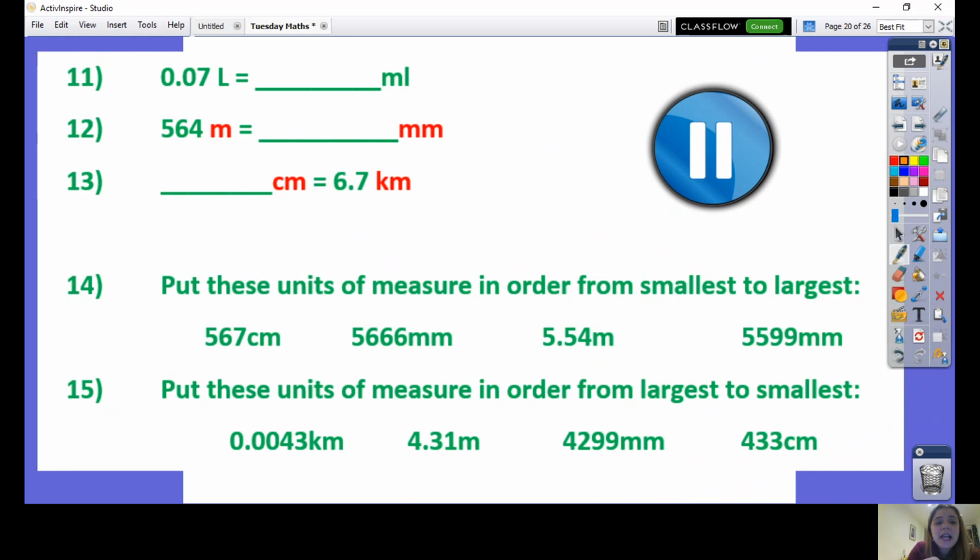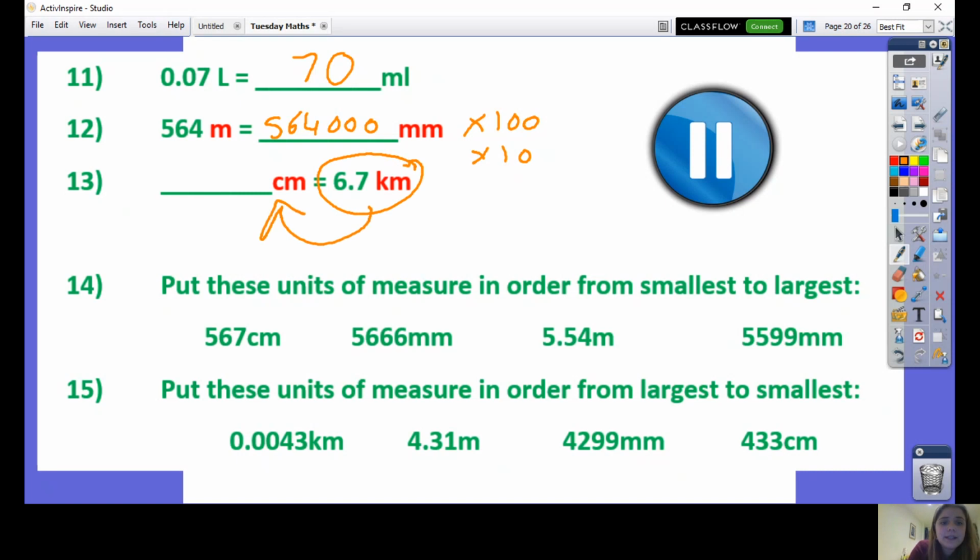Okay, question 11 would be 70 millilitres. Here I'm going from meters to millimeters. That means I need to times by 100 to get to centimeters and then times that by 10 again. So I'm actually timesing by 1,000. I'm going from centimeters to kilometers. Sorry, I'm going from kilometers to centimeters.